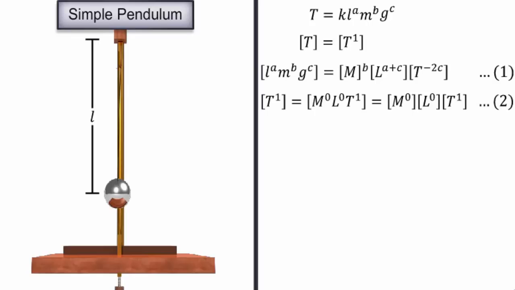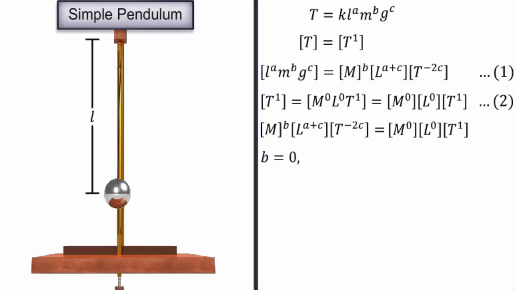We compare the powers of the base quantities on both sides of the equation. Thus, we get B equal to 0, A plus C equal to 0 and minus 2C equal to 1. On simplification, we get the values of B equal to 0, C equal to minus half and A equal to plus half.